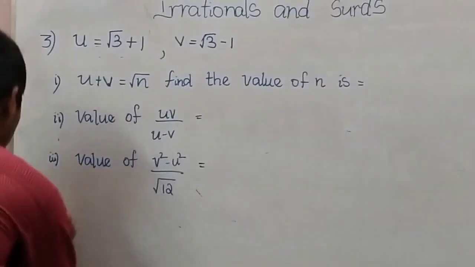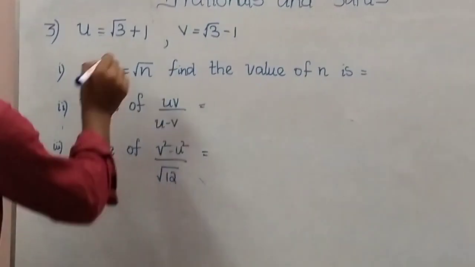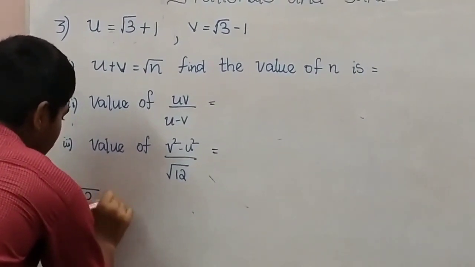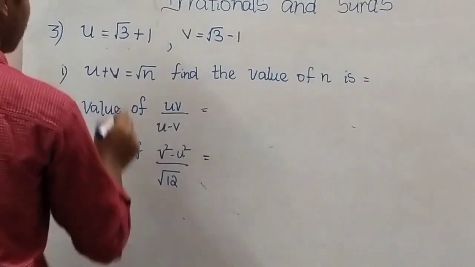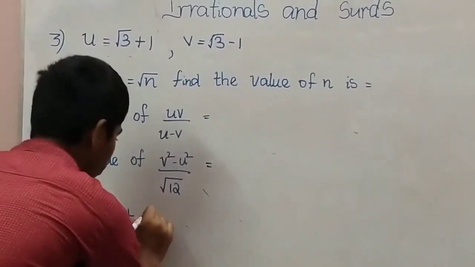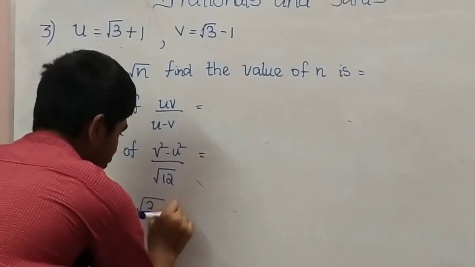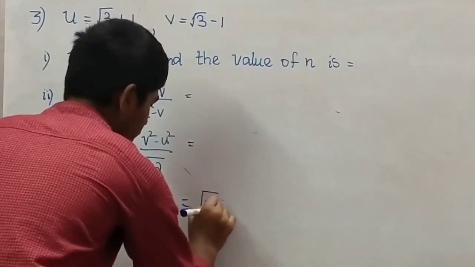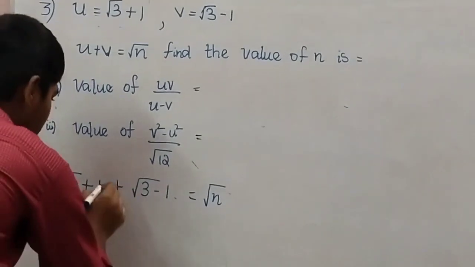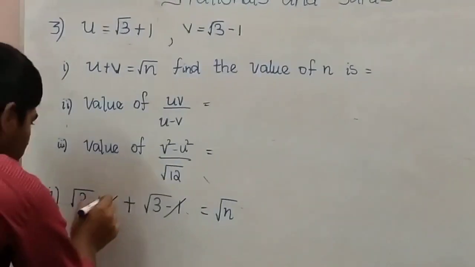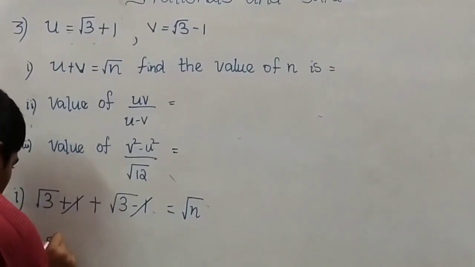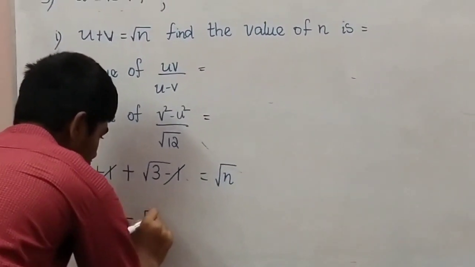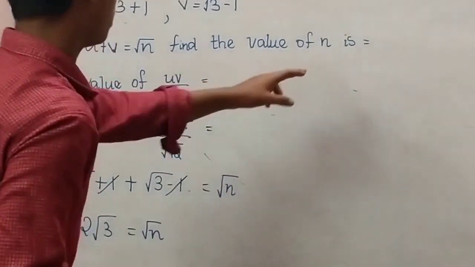First question, u plus v. U means root 3 plus 1, plus v, that is root 3 minus 1, is equal to root n. Plus 1 minus 1 will cancel. Root 3 plus root 3 is 2 root 3, equal to root n. Now we want to find the value of n.